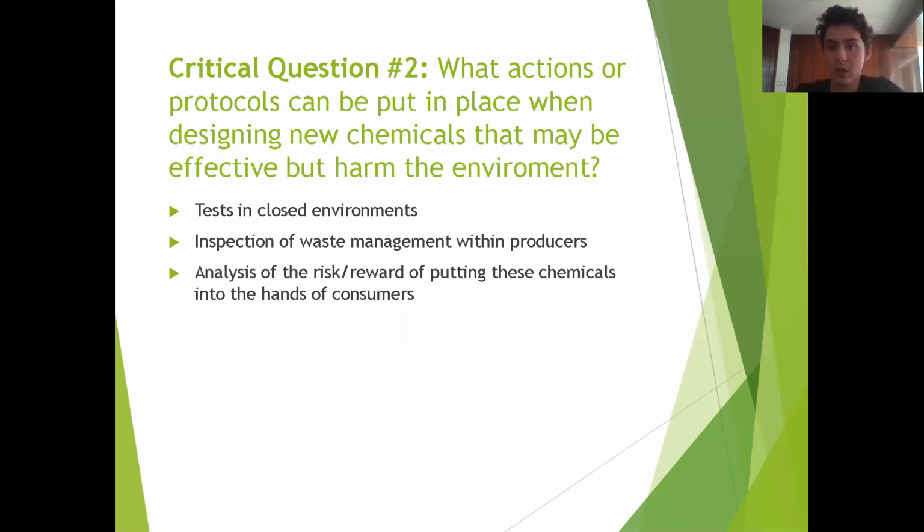Critical question 2: what actions or protocols can be put in place when designing new chemicals that may be effective but harm the environment? Well, the producers can test in enclosed environments, for example a made-up environment, so they can see what the detergent can cause to the environment.